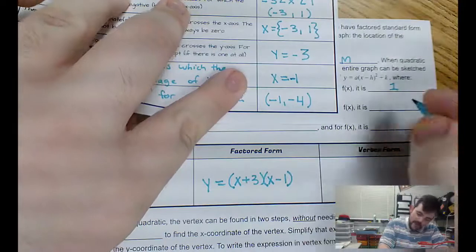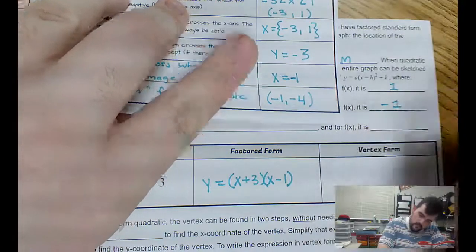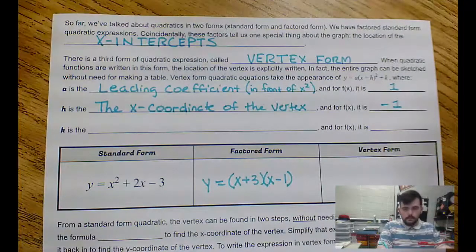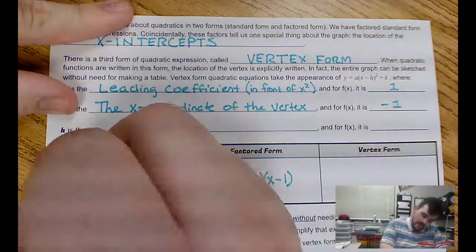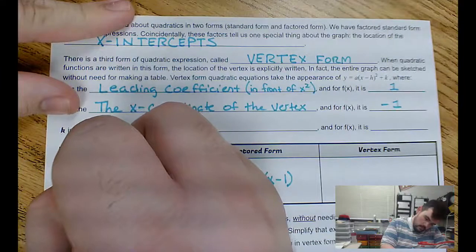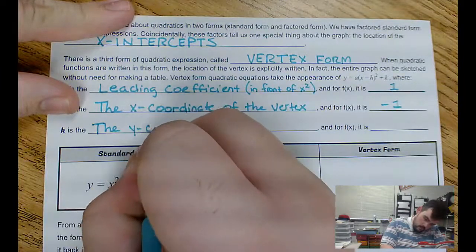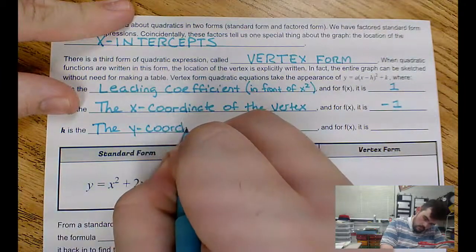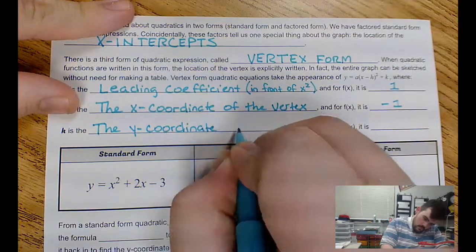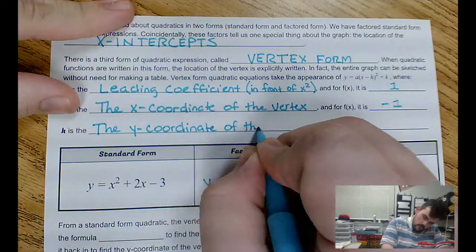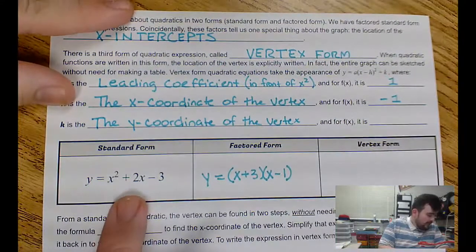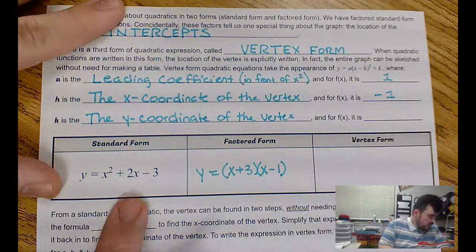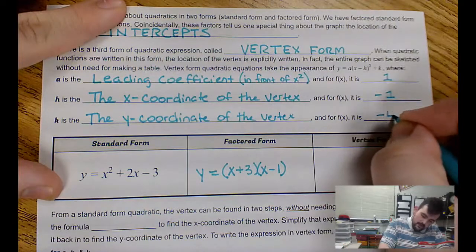So for f of x, this is -1. K is going to be the y-coordinate of your vertex. From this graph, we already found the vertex. The y-coordinate was -4.